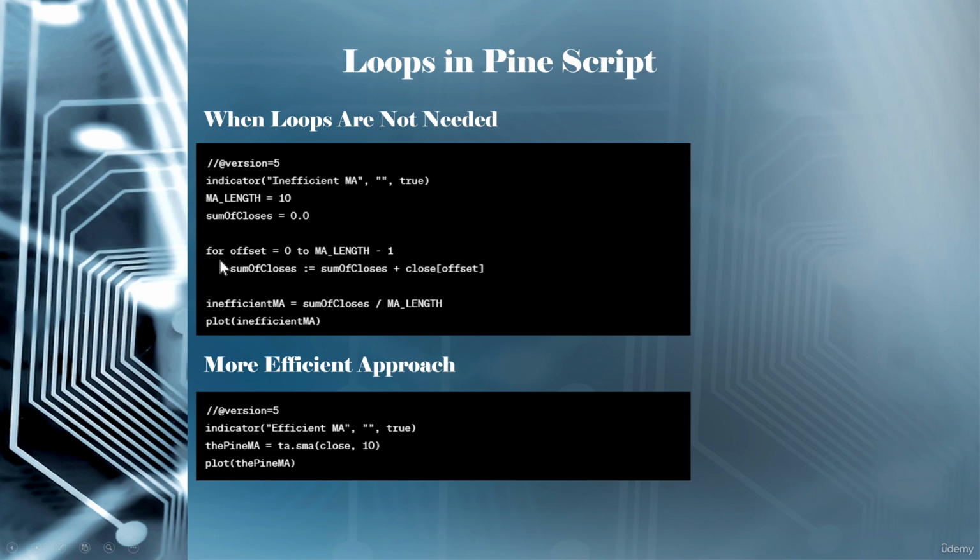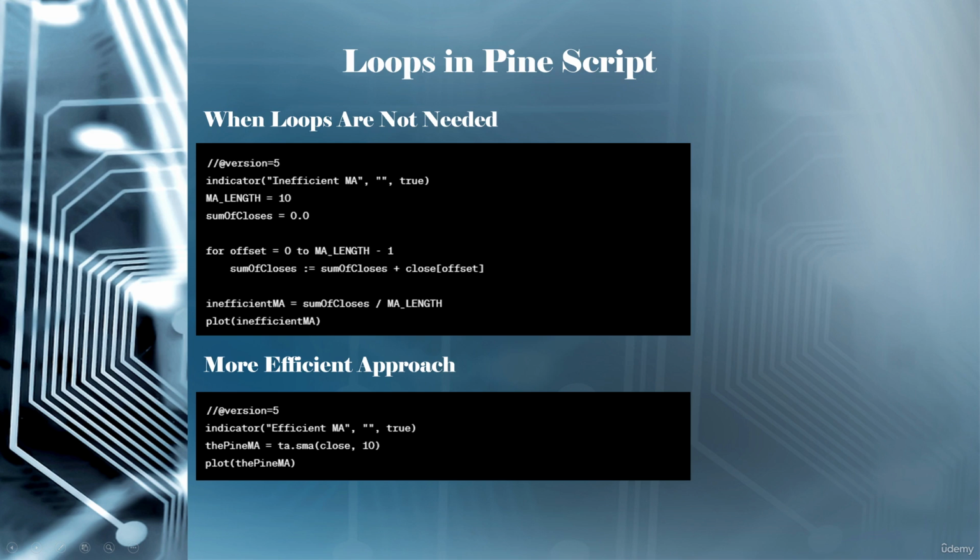In this code, we see that we have a loop that starts from 0 and runs until ma length - 1, until 9. So the loop runs 10 times and it calculates the sum of the close price for the last 10 bars. And then it calculates the average of this close price.